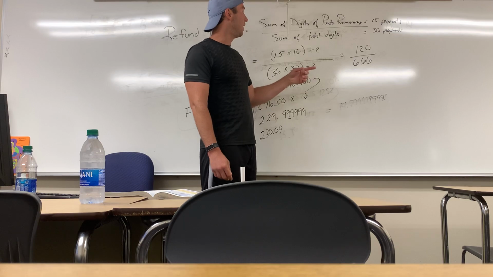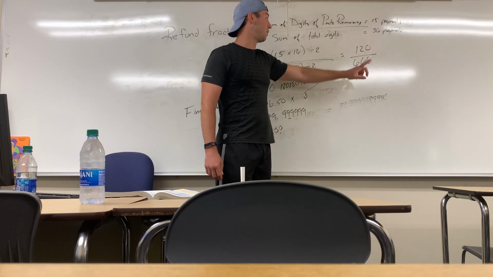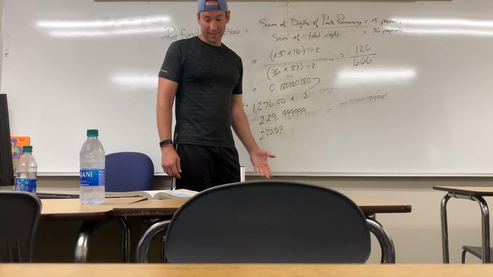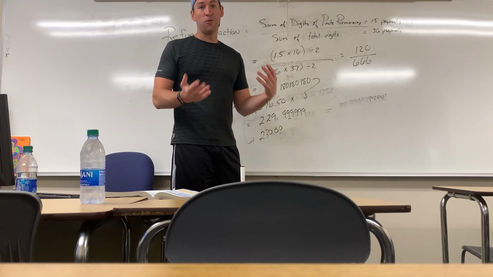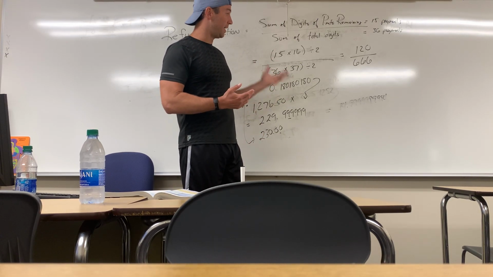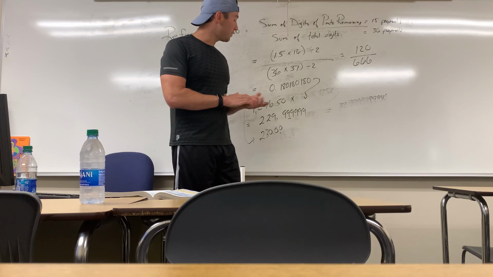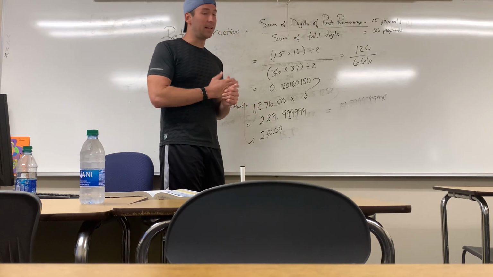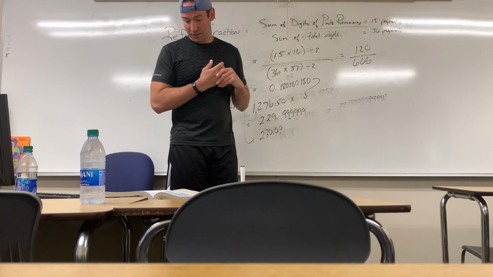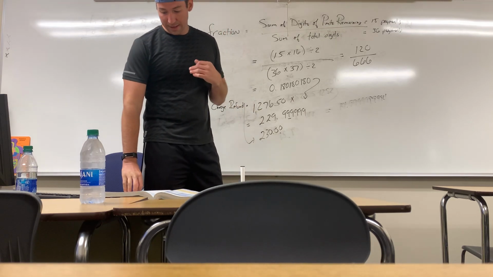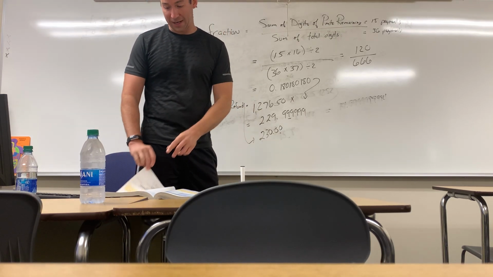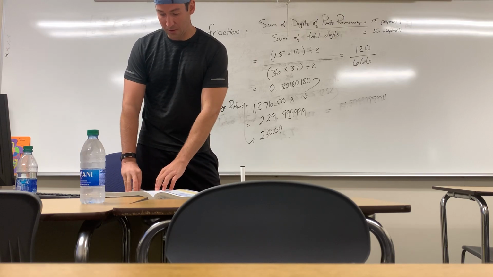It just tells you that 15 is 120 and 36 is 666. But if you want to know how to calculate it out, I've done it there for you. So if you have any questions on that, let me know. There is section 12-2, the refund fraction and interest refund.